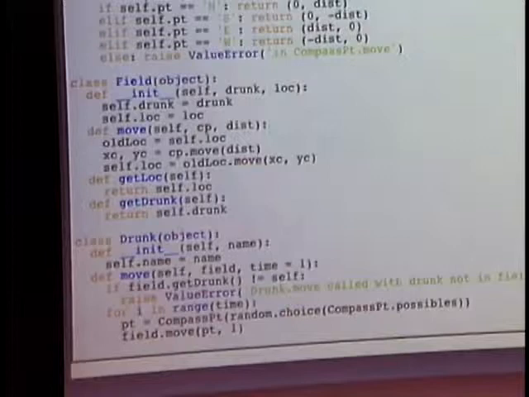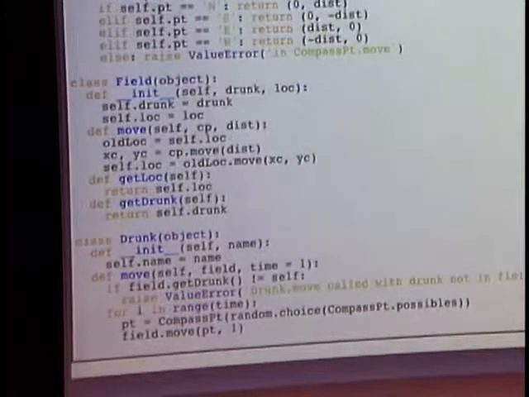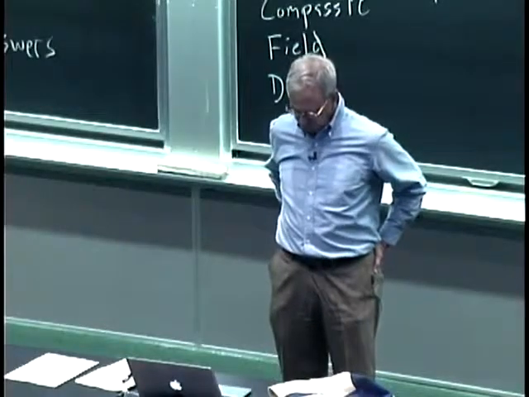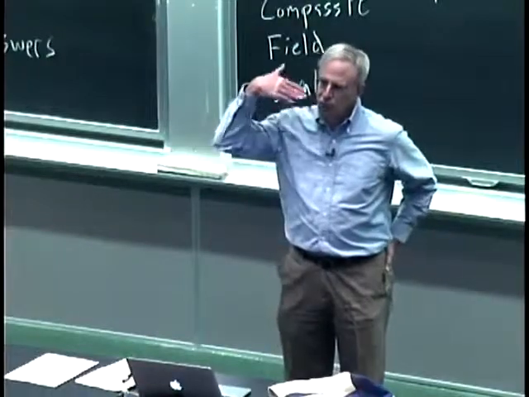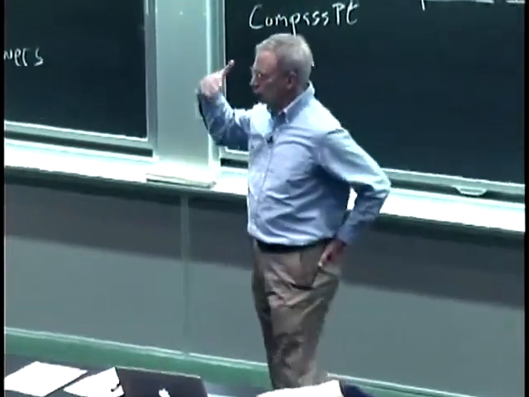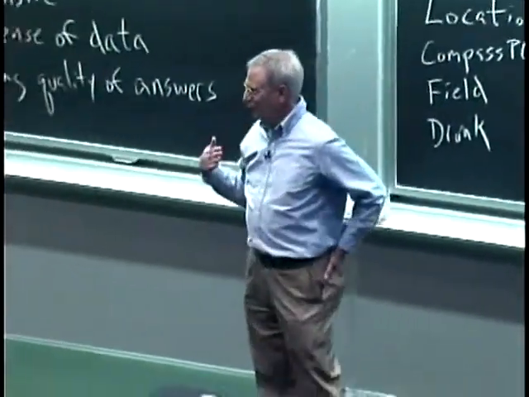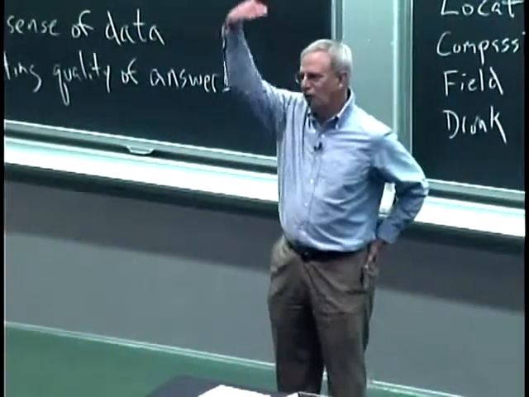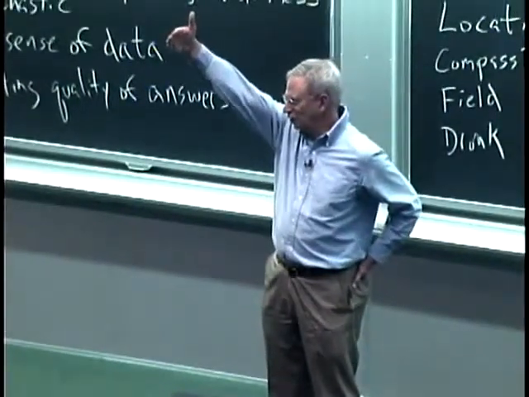Where is it going to find cp dot move? It's going to use compass point dot move because, as we'll see, CP is an object of type of class compass point. So this is a normal and typical way we structure things with classes, that the move of one class is defined using the move of another class.